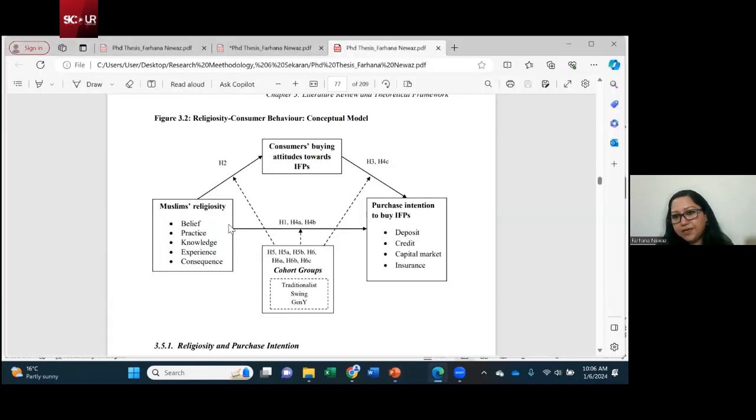This is called operationalization of variables. You need to measure each of your variables so that you can actually test the relationship between them.